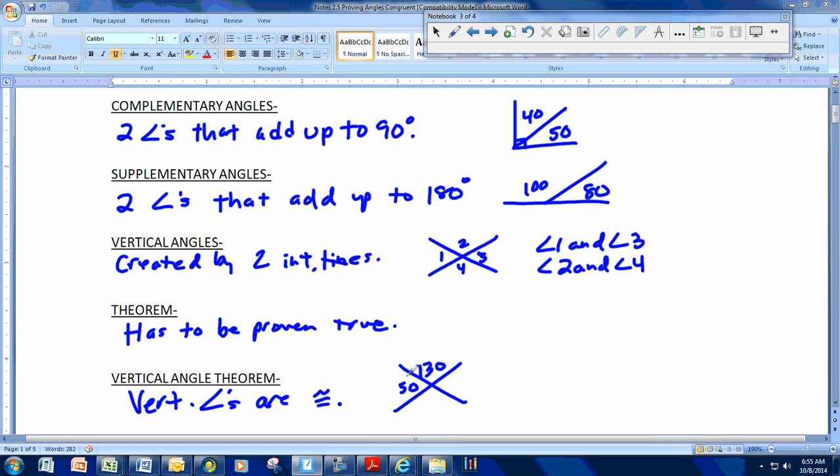The next pair are supplementary also, so if this angle's 130, then the angle next to it would also be 50. And then back to 130. So now you can see that vertical angles, no matter what, are always going to be congruent because they're supplementary with the same angle.